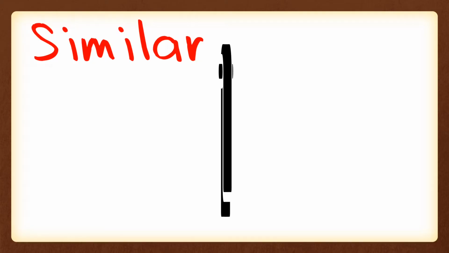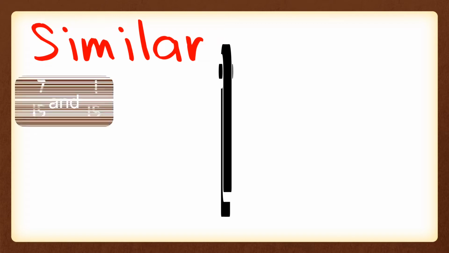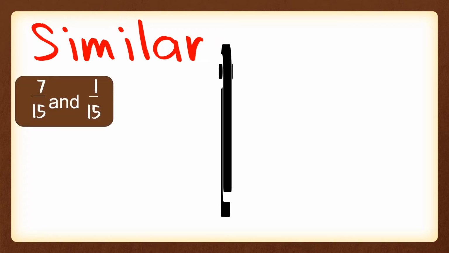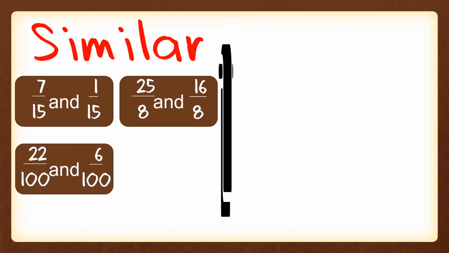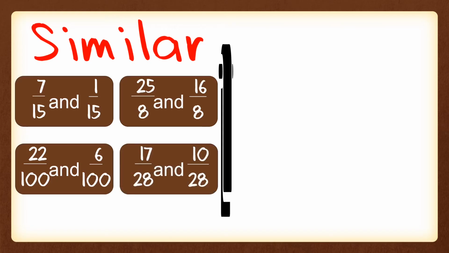Again, a similar fraction has the same denominator. So I have here 7 over 15 and 1 over 15. 25 over 8 and 16 over 8. 22 over 100 and 6 over 100. And last, 17 over 28 and 10 over 28.